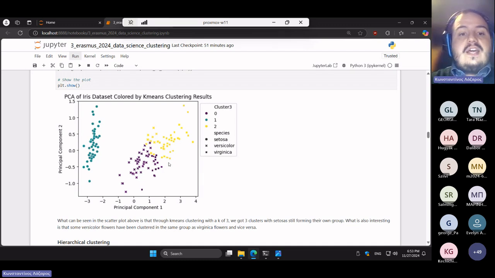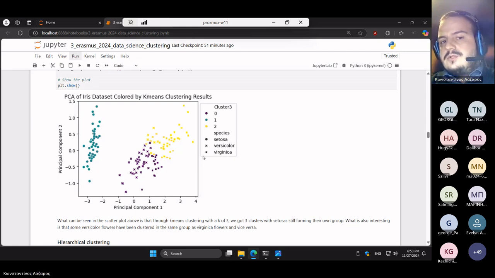And in our case, distinct means that, since we also have the ground truth, we would expect each of the samples that belong to different species to form their own distinct clusters. For example, a cluster for Setosas, a separate cluster for versicolor, and a separate one for virginica, right?